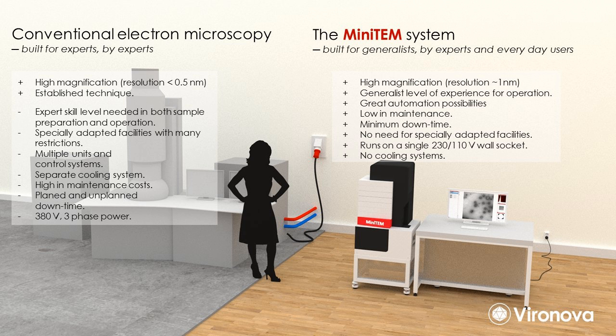And due to the small size, we're able to control this microscope automatically. So there are only a few parameters necessary for the user to deal with. And the whole system runs on an ordinary wall socket, 230 or 110 volts, and no cooling water or other cooling systems. So you can place this in an ordinary lab setting.